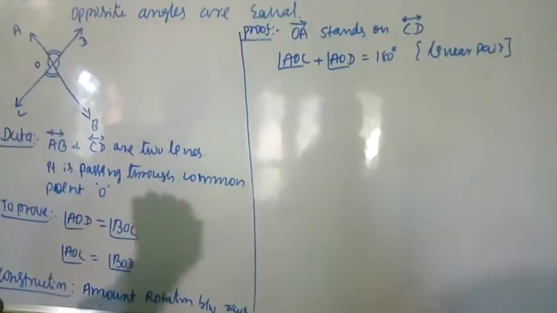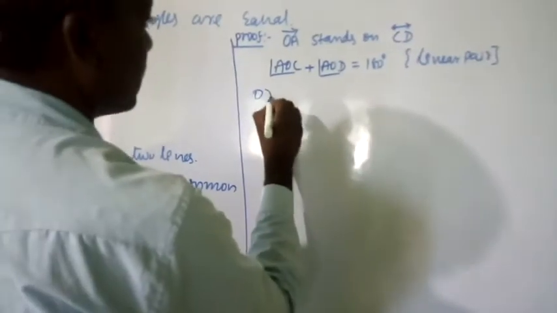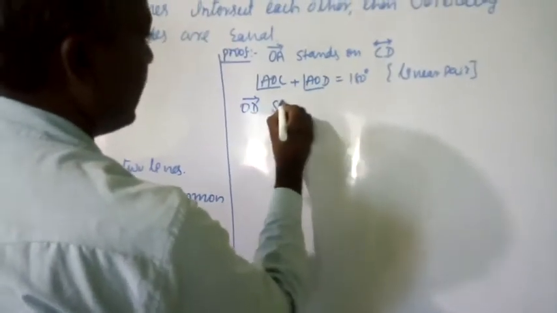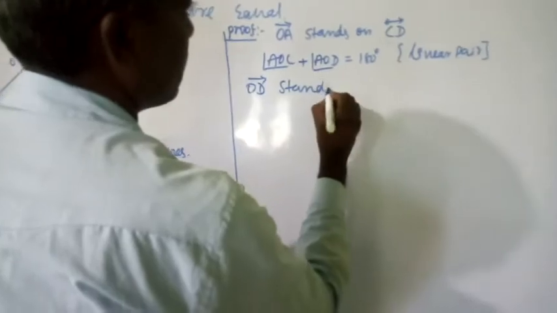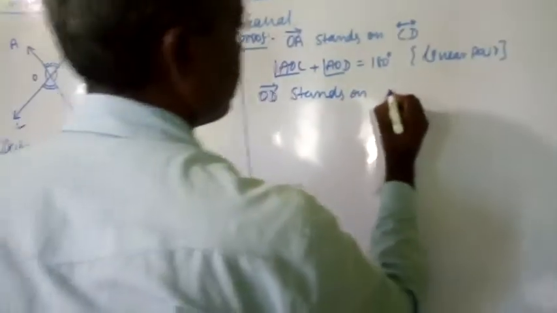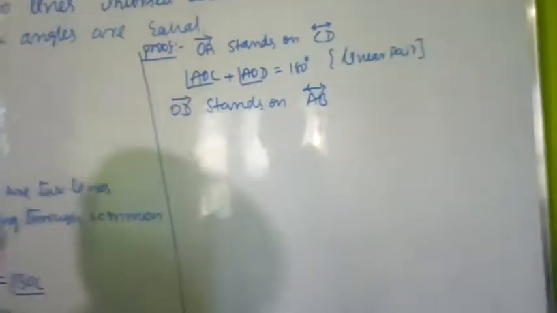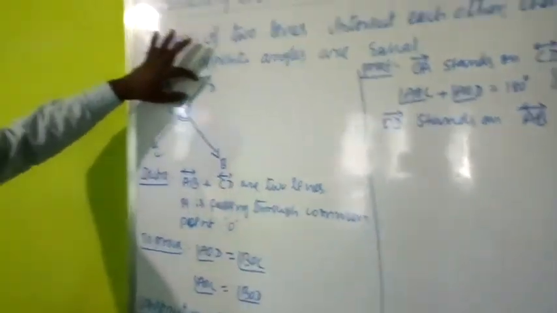Okay. Next, again you should take one more ray. So OD stands on line AB. See here, this is OD.